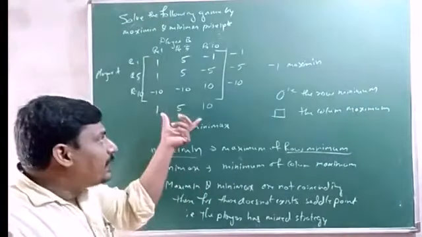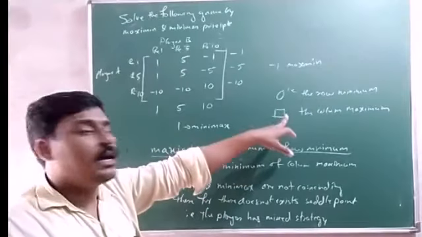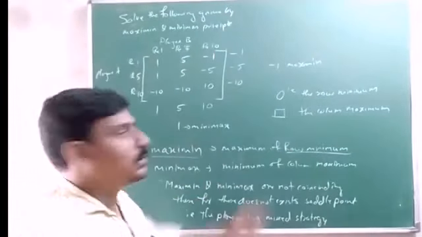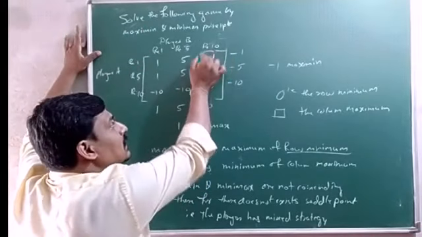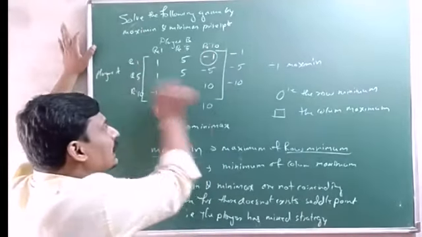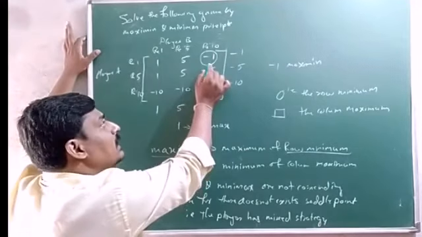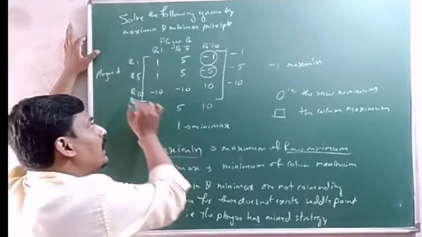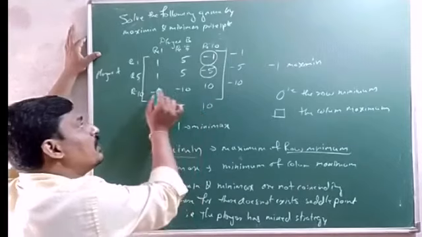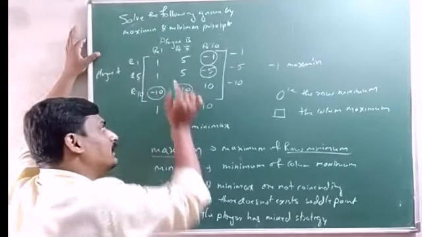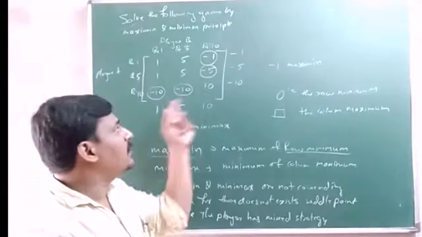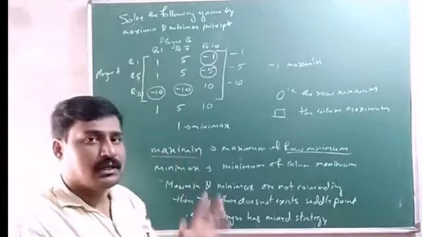In this row, minimum value is -1. Just circle it. In the second row, the minimum value is -5. Circle it. And in the third row, we have two values, -10 and -10. So row minimums are marked with circles.